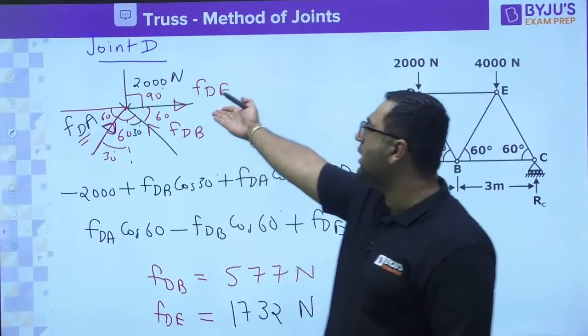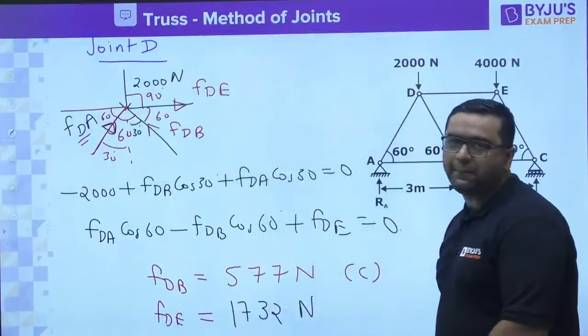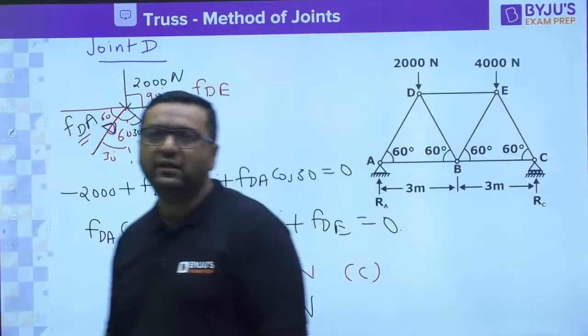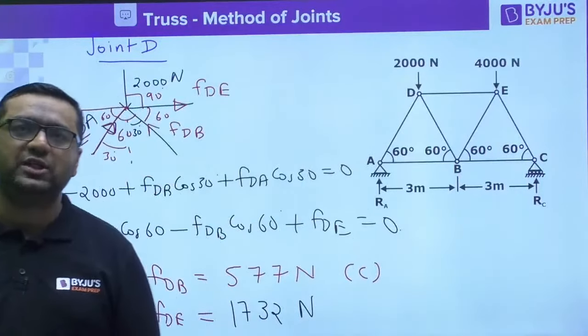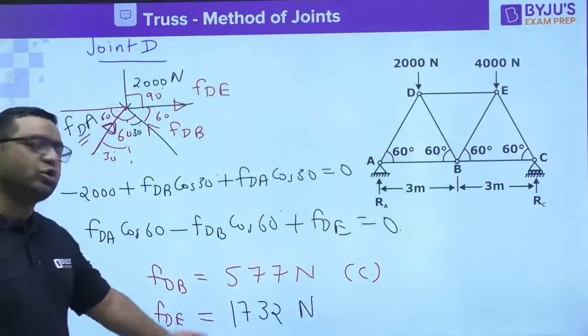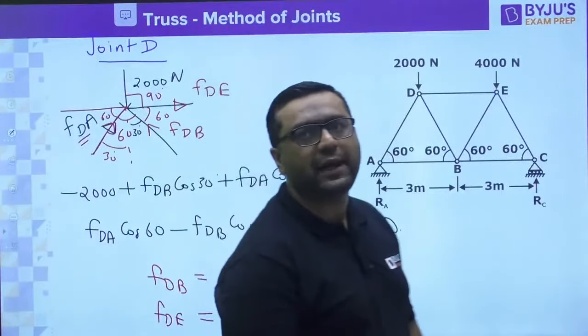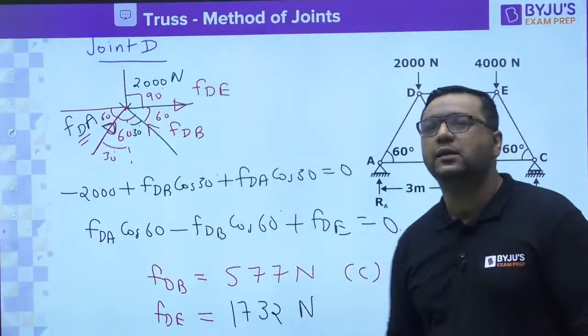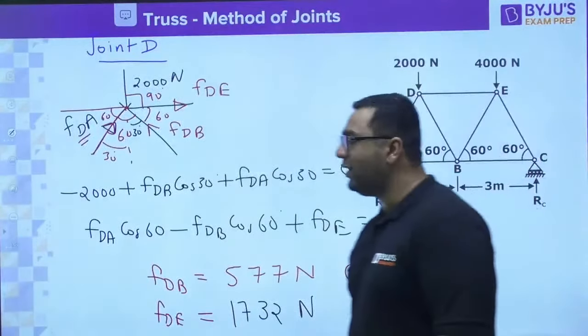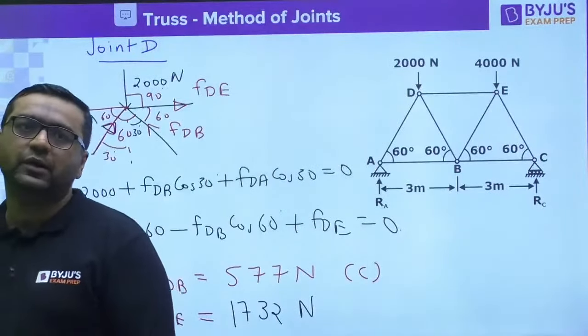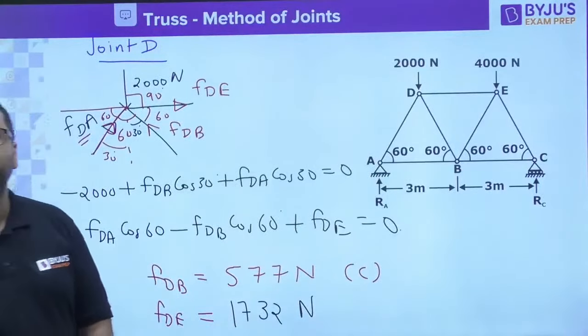Here I have shown it under tension, so it should be under compression. Rathod Akshit, some calculation errors you are having. It will be coming out to be 1732 Newton. Correct it. Is it fine for everyone?